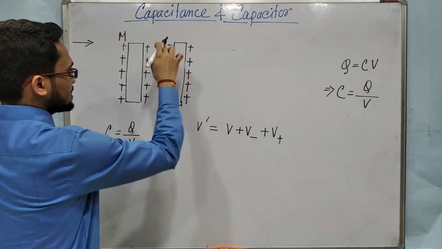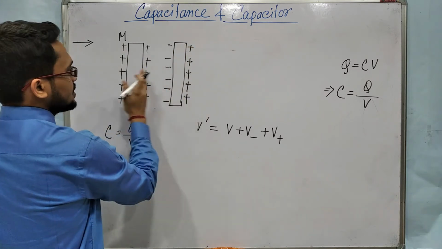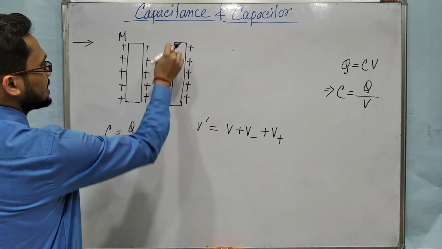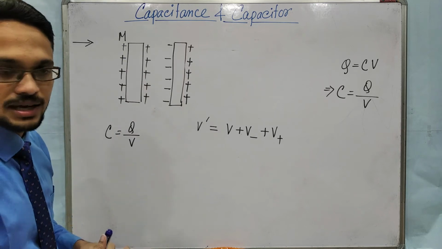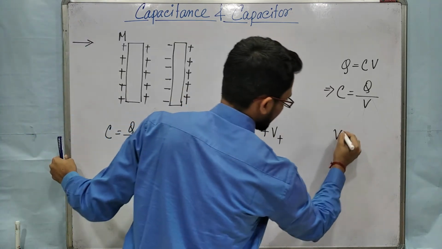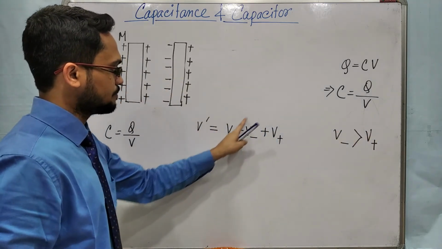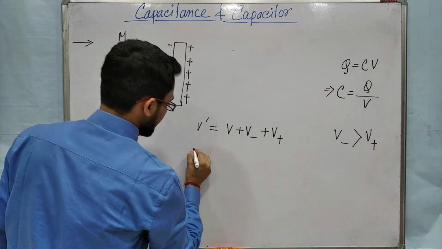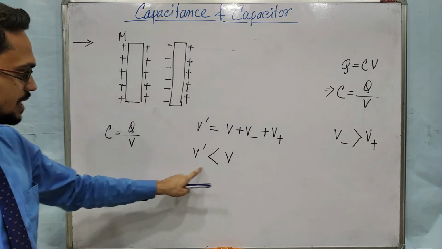These negative charges are near to this conductor and positive charges are far from the conductor. So potential due to negative charge will affect this conductor more. So V minus will be greater than V plus. This is negative potential, that means with minus sign. So V prime will be less than V.